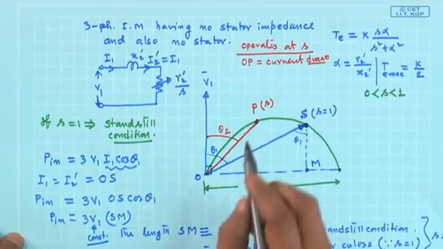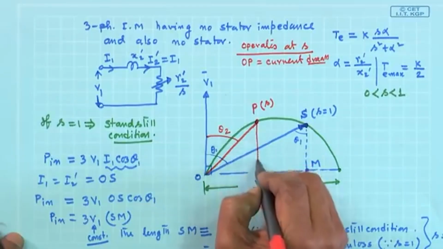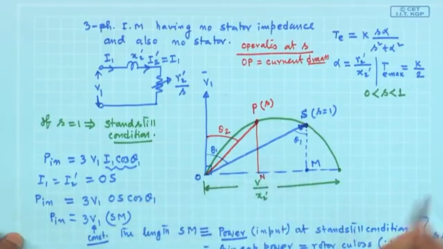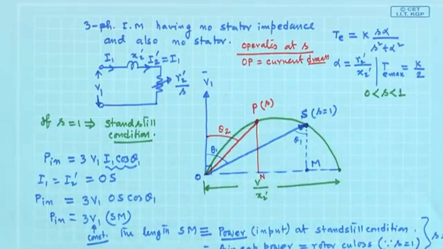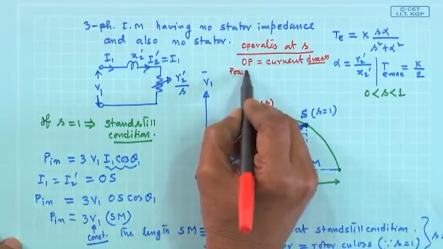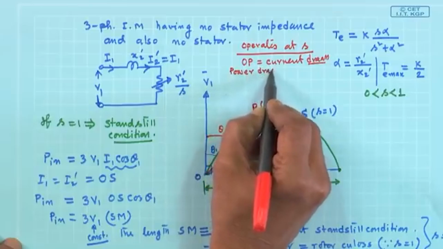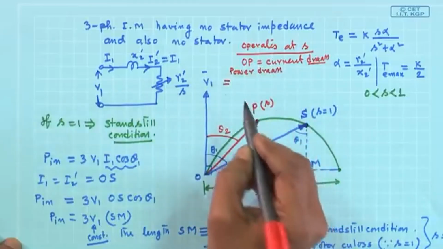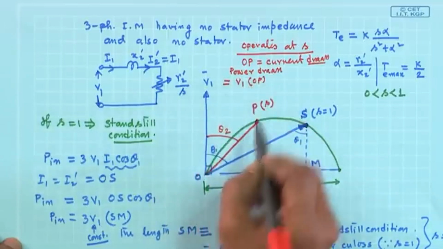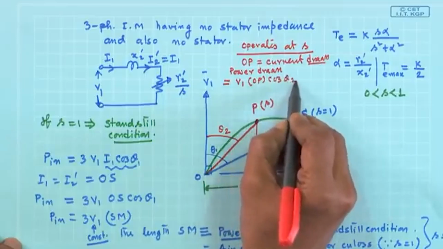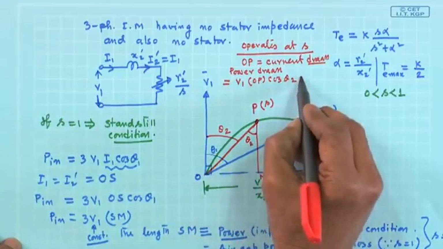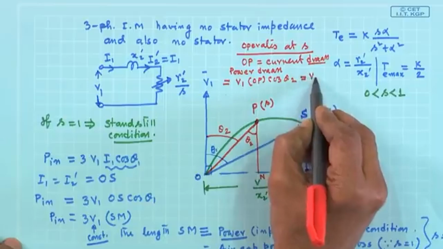Now, what we will be doing? We drop a perpendicular on the diameter once again, and let this be called Pn. Then at slip S, the power drawn from the supply is V1 OP, that is the current, into cos theta 2. Theta 2 is also this angle, because these two are parallel, which is nothing but equal to V1 Pn.